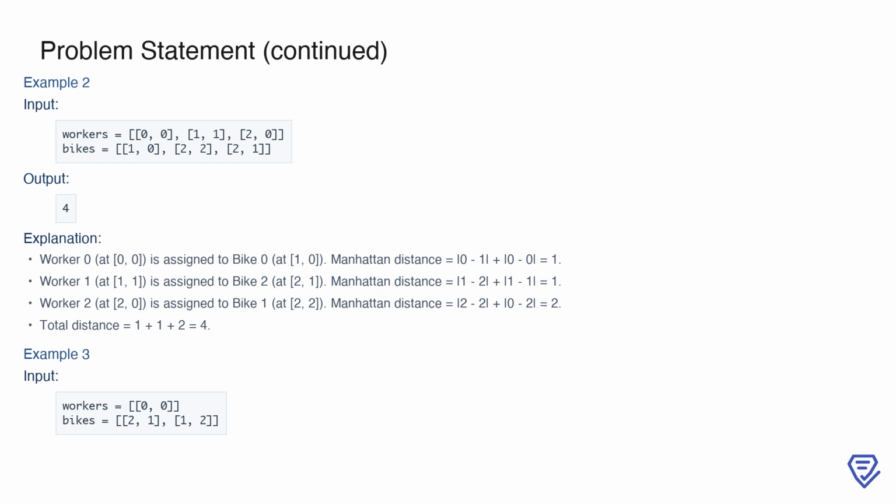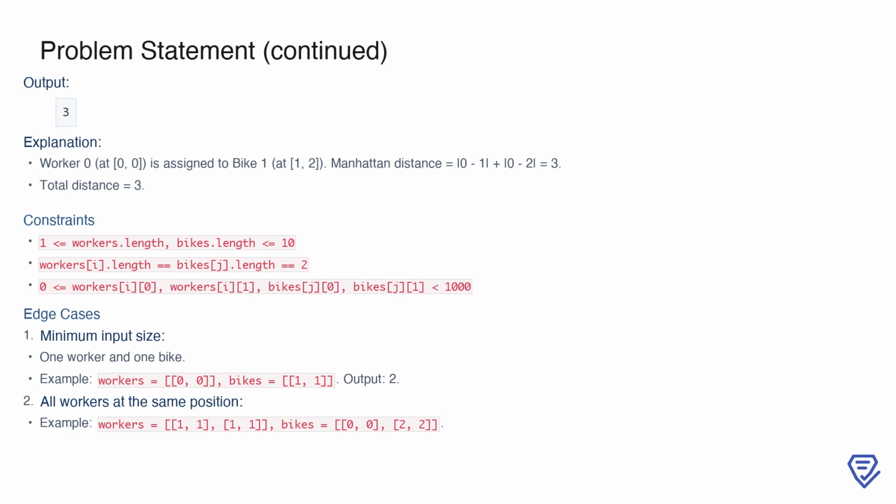Worker 1, at (1, 1), is paired with bike 2 at (2, 1), producing a distance of |1-2| plus |1-1|, which equals 1. Finally, worker 2, at (2, 0), is matched with bike 1 at (2, 2), with a distance of |2-2| plus |0-2|, which equals 2. Adding these distances gives a total of 4, which is the output for this case. This example highlights the importance of strategic assignments to achieve the minimum total distance.